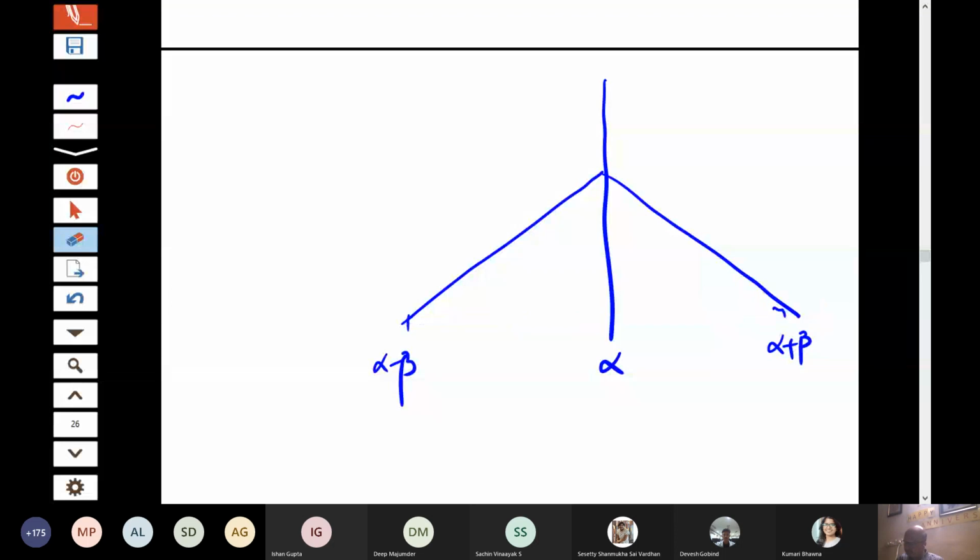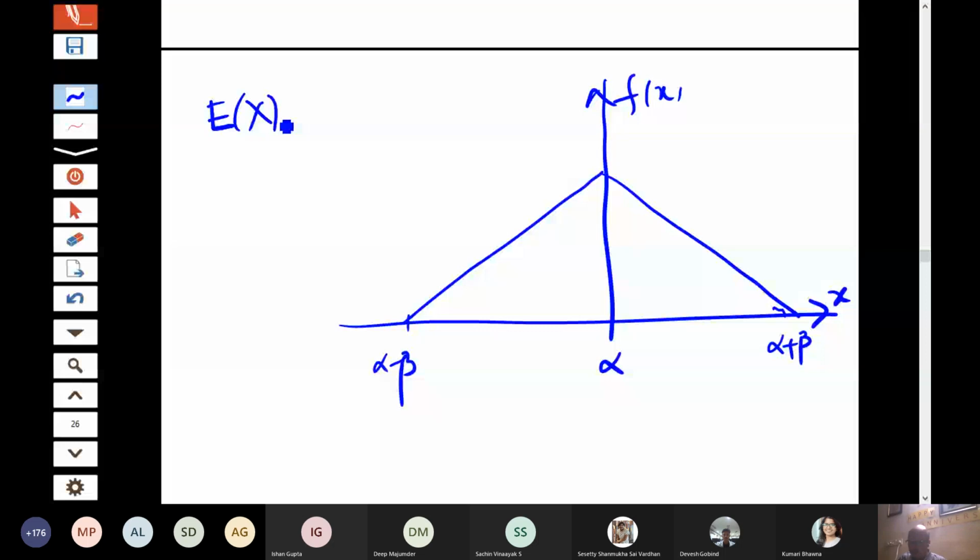So the expectation will be alpha, and of course the median is also alpha. Those things you can easily find out from here.